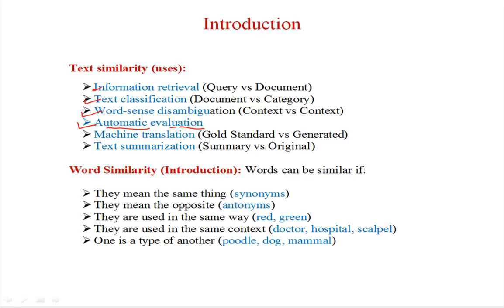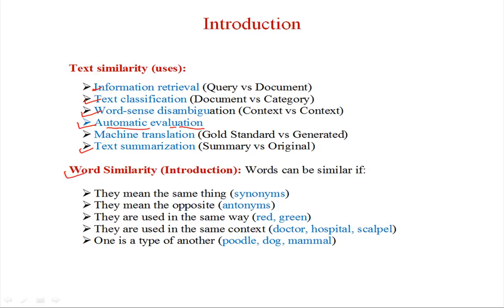Machine translation: we can check whether the output matches the gold standard. And in text summarization, we can use similarity measures to get our semantic score in generating the summary, and in identifying duplicate or similar words also.